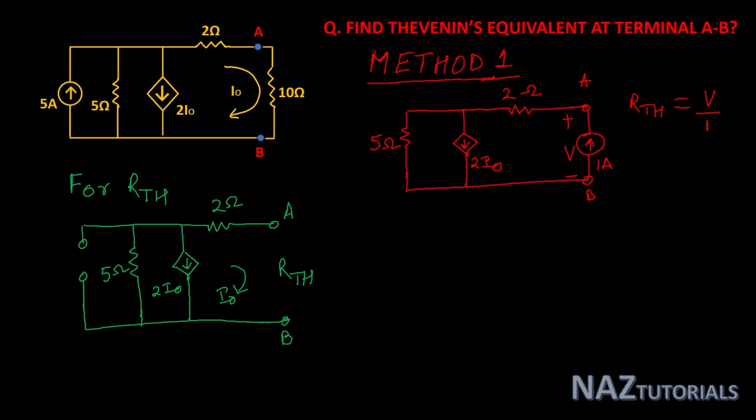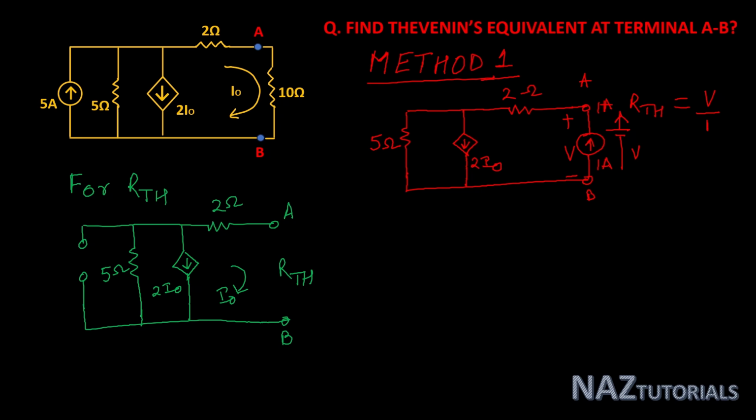You can calculate this by other means. You can say a V voltage source is connected across this terminal, and you can flow 1 ampere current through this terminal, and then we can calculate the RTH, that is V by 1 ampere. You can use both methods.